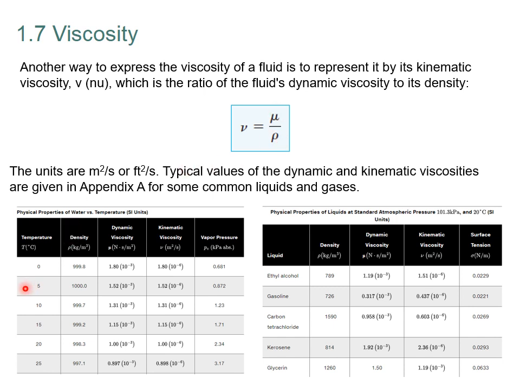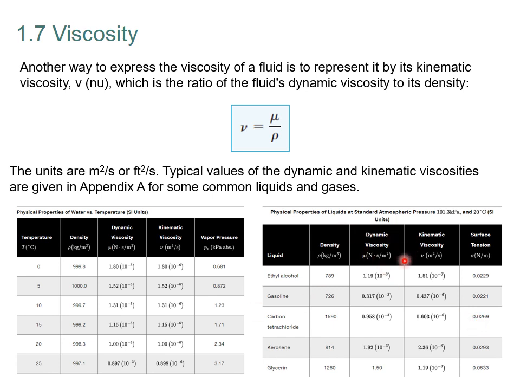For different fluids, our book gives these values to us. For example, here's the table for water, back in Appendix A. It plots all of these quantities versus the temperature. So you can see here at 20 degrees C, it gives you the density, the dynamic viscosity, the kinematic viscosity, and also the vapor pressure at those different levels.